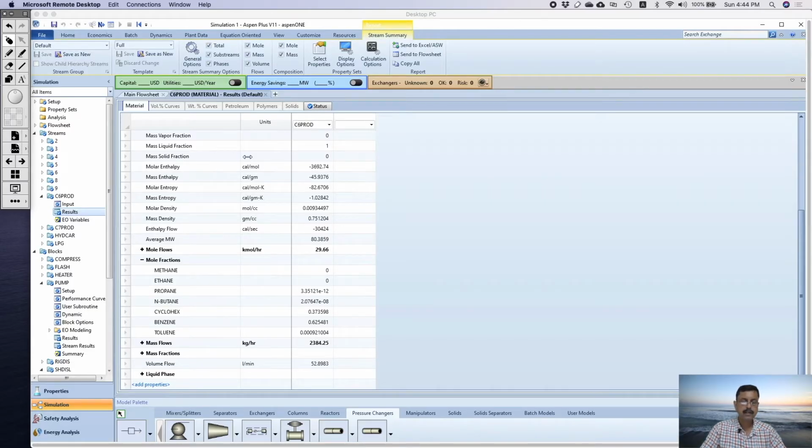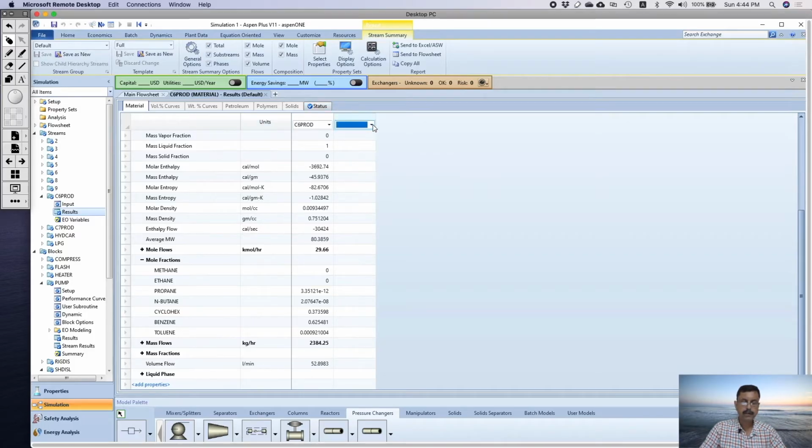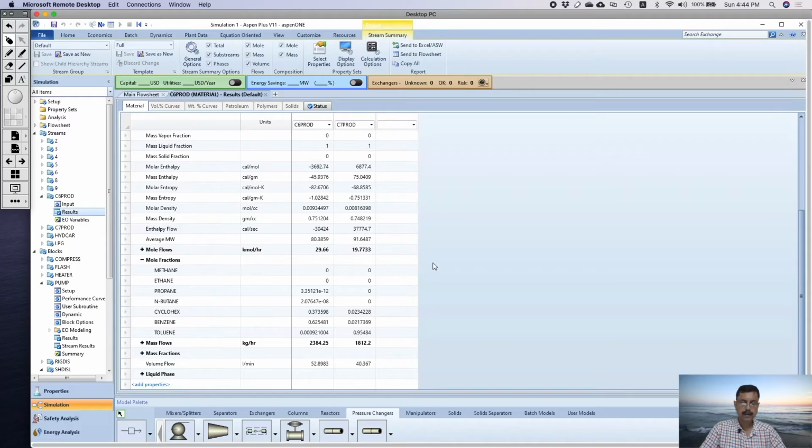Now along with that, you can check the C7 product also, because you have already run the simulation for the pump as well. Here you see benzene is only 2.13%, cyclohexane is 2.34%, toluene is 95.48%. All others are 0. The lighter key components are all 0. So toluene is 95.48%. So it is mainly the C7 product.